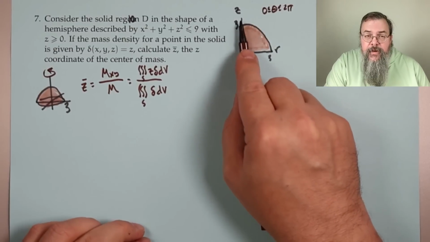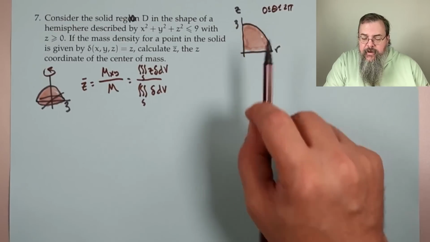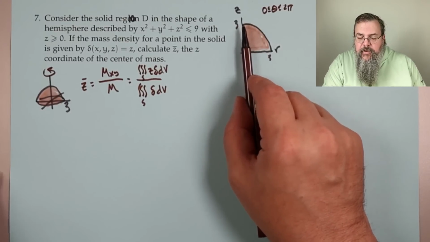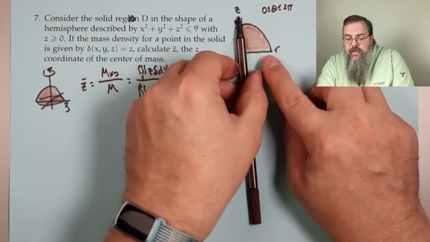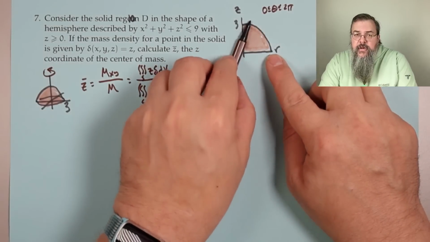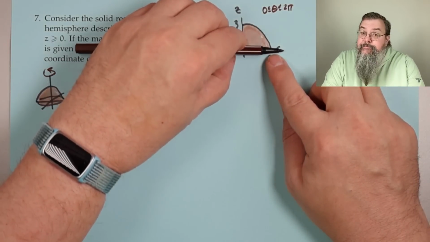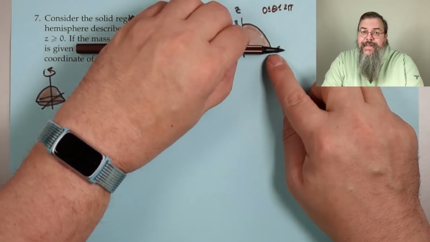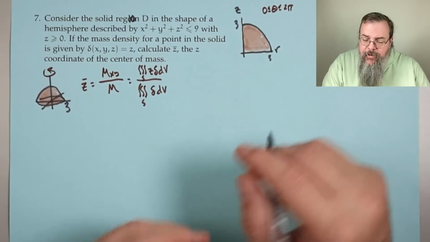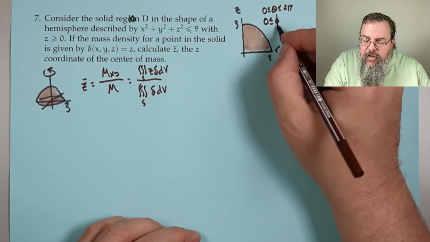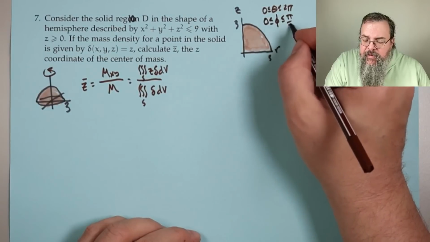So phi equals 0, you're pointing straight up. And we say, okay, so we're starting at phi equals 0. We're already on our region. And then we just sort of pivot, pivot, pivot, and then we stop. Where's that? That's at pi halves. We've got a quarter way around. So that tells us phi is between 0 and pi halves.